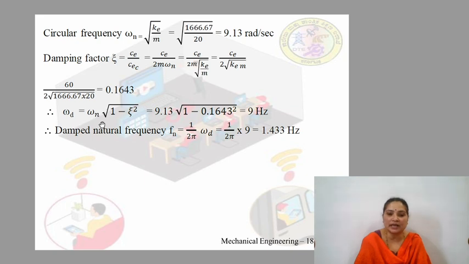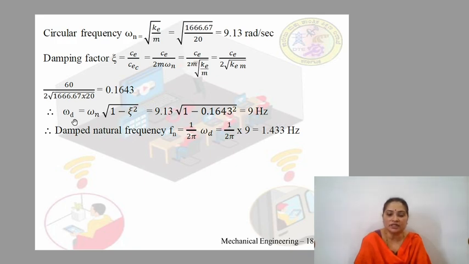Using omega n and zeta value, we can find out the omega d value, which is nothing but omega n into square root of 1 minus zeta square. It is equal to omega n value 9.13 into the root of 1 minus 0.1643 square, which is nothing but 9 radians per second.